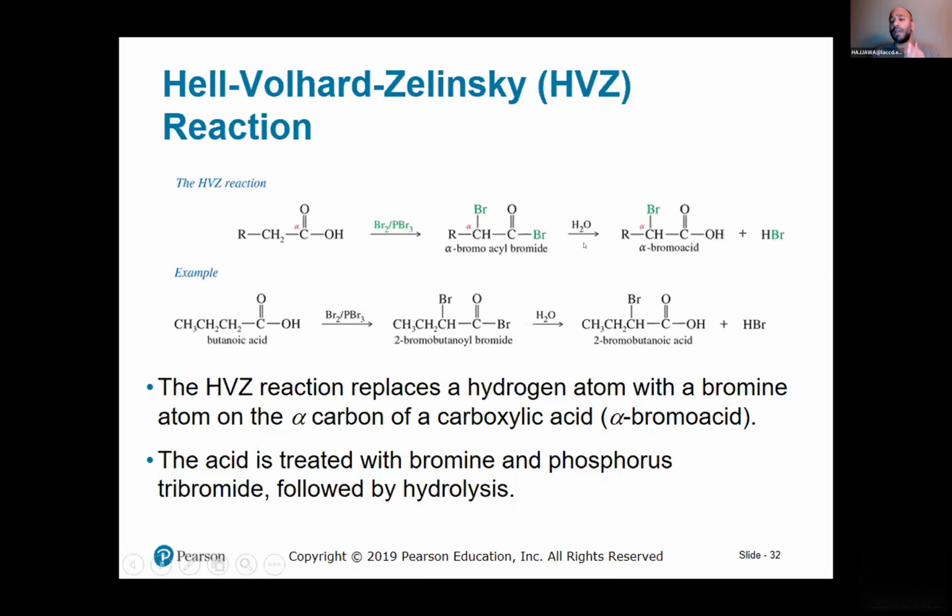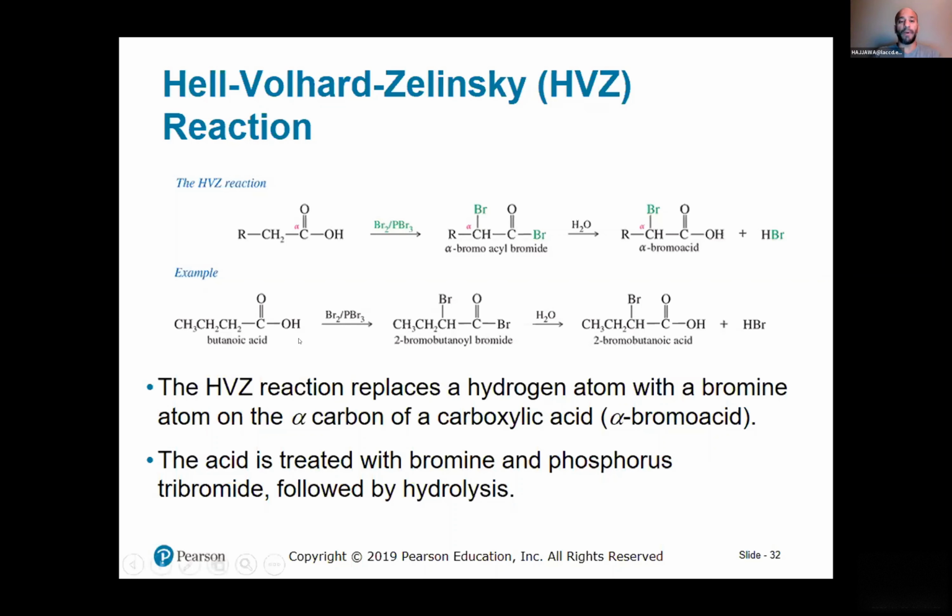We're going to see the mechanism in a minute, but it's a two-step process. The first step is Br2, PBr3, and the second step, which is a must, is H2O. Because if I don't have the second step, I'm not just making the alpha carbon brominated, I will end up making the acid bromide, not the carboxylic acid.